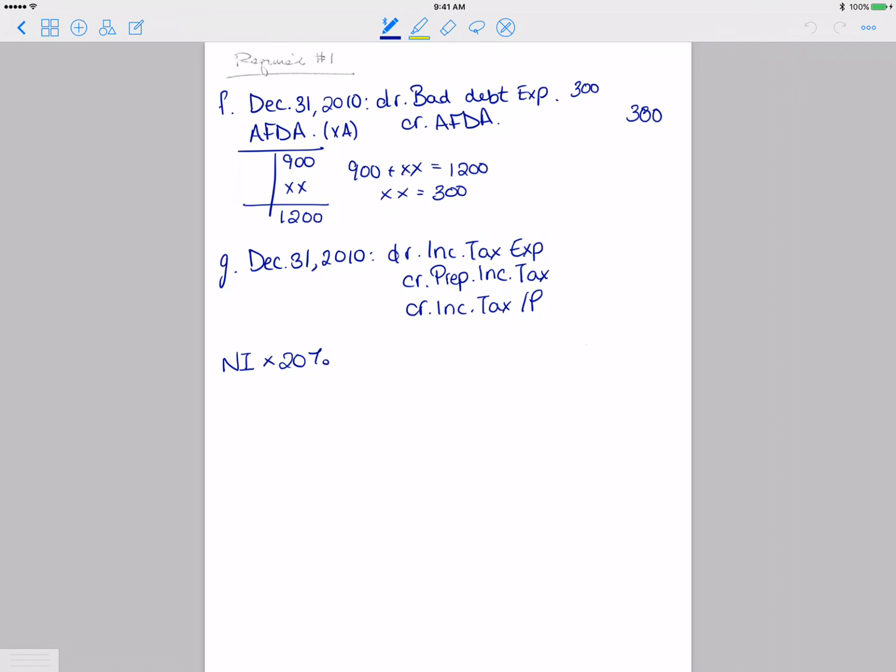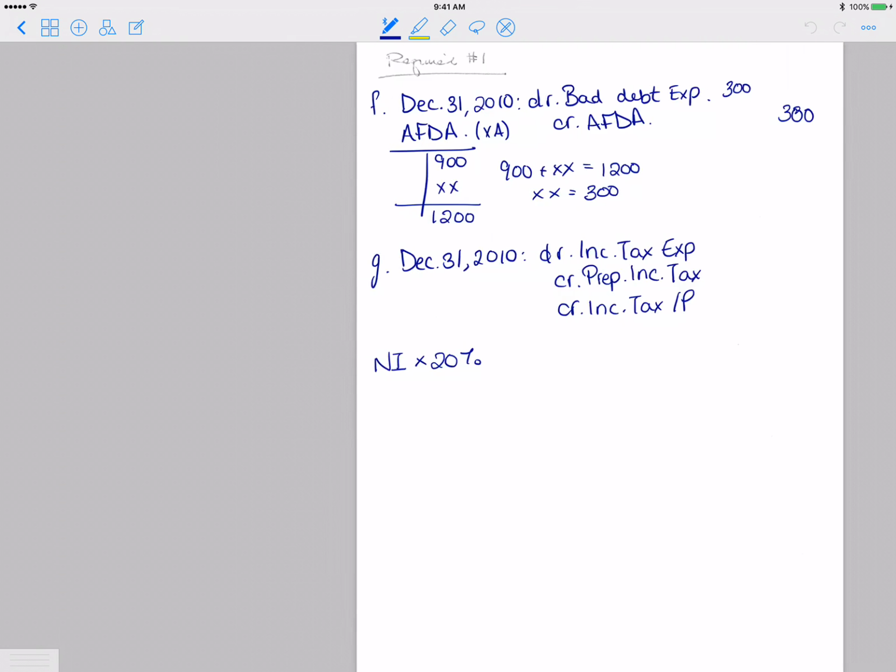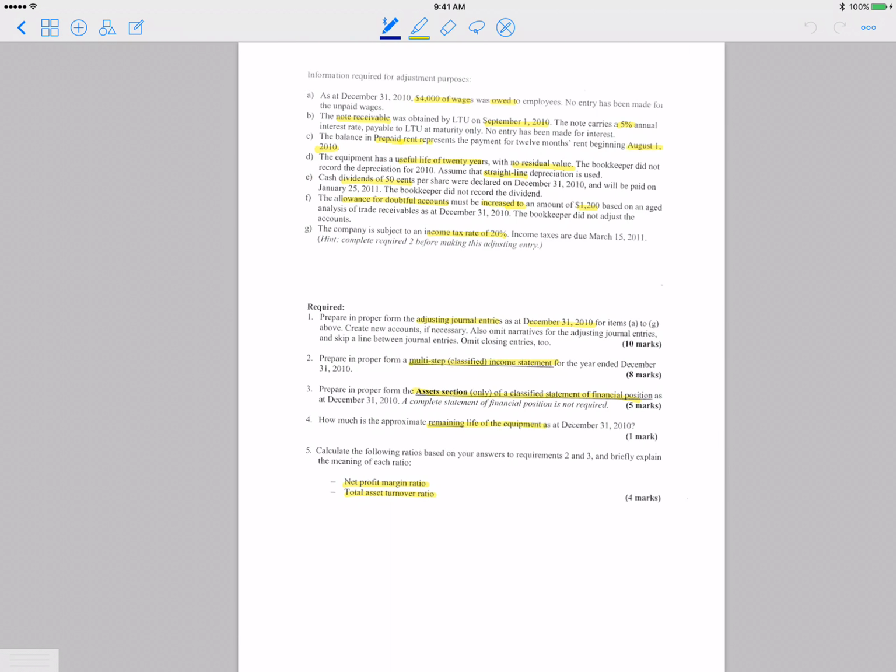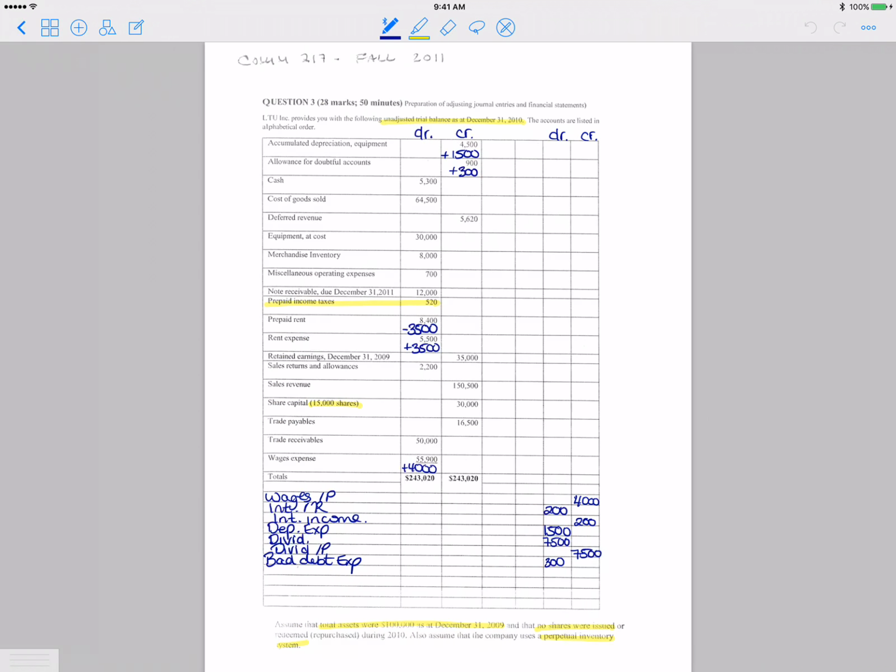Now for the last one, we have our income tax expense, our prepaid income tax, and our income taxes payable. So we know we are going to have a prepaid income tax that will be adjusted, but we just don't know by how much yet. We have to calculate it.